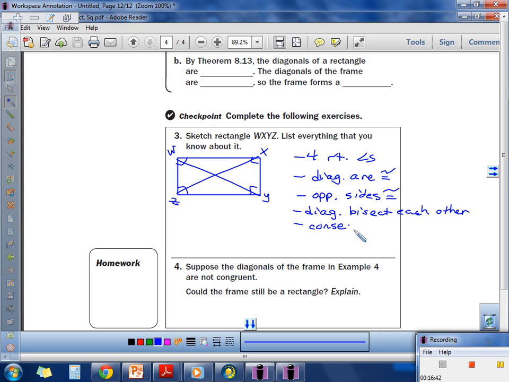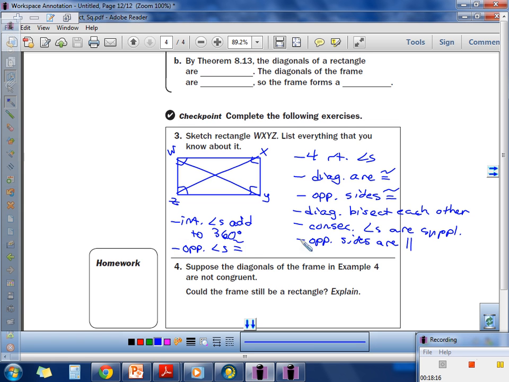Consecutive angles are supplementary. Yes. Opposite sides are parallel. Okay. Interior angles add to 360. So opposite angles are congruent. So that's a total of 1, 2, 3, 4, 5, 6, 7, 8 properties.